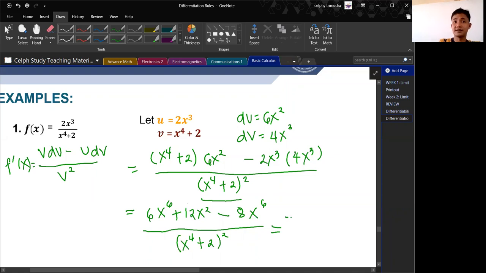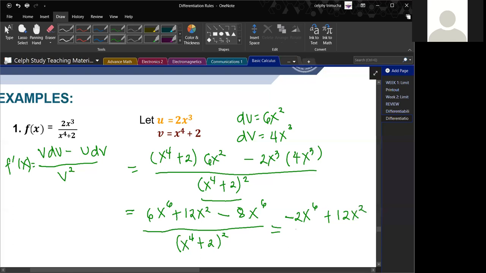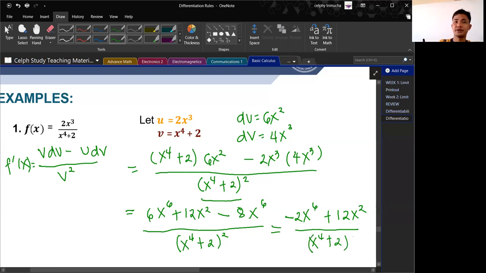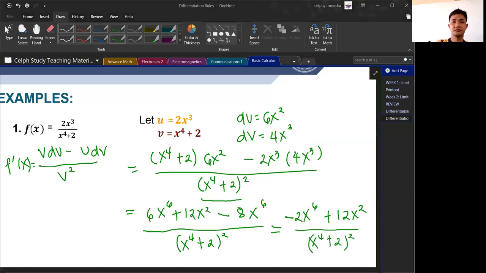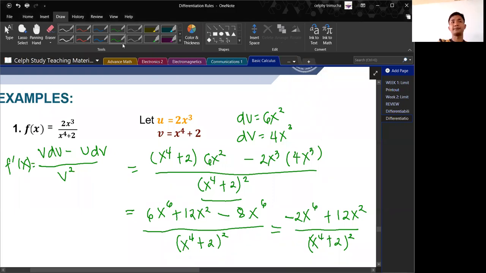So we have negative 6 minus 8 will be negative 2. Negative 2x to the 6 plus 12x squared all over x to the fourth plus 2 squared. Okay, so this will be equal sa aton f prime x, and this will be aton final answer. So take note lang of the formula ang kinahanglan gamiton. Now we have v du minus u dv all over v squared.